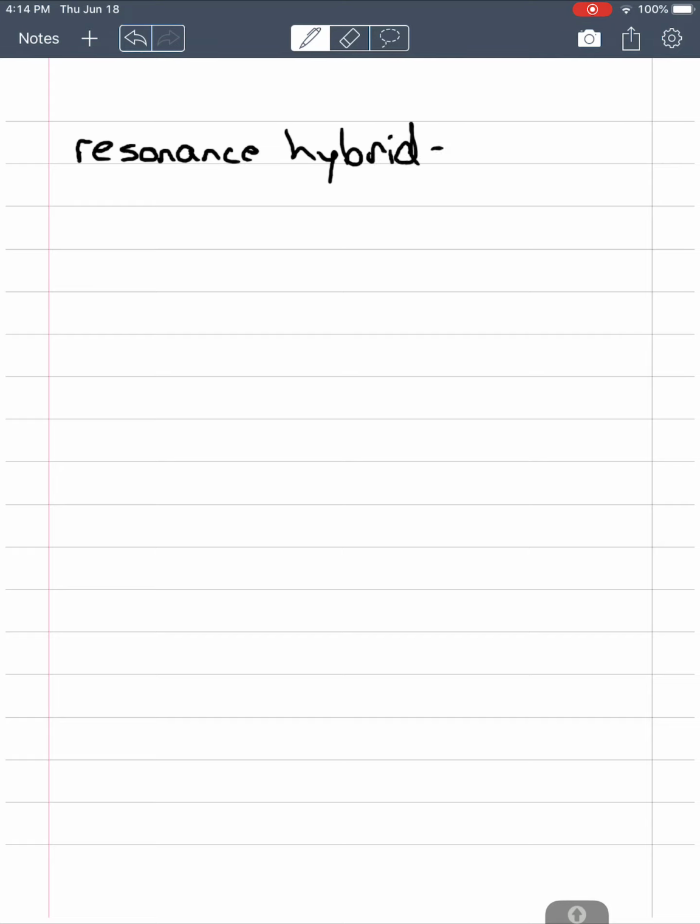And this shows better that it has resonance. For example, if you have ozone, you would draw it like this, and those little dots indicate that you have an intermediate bond there.